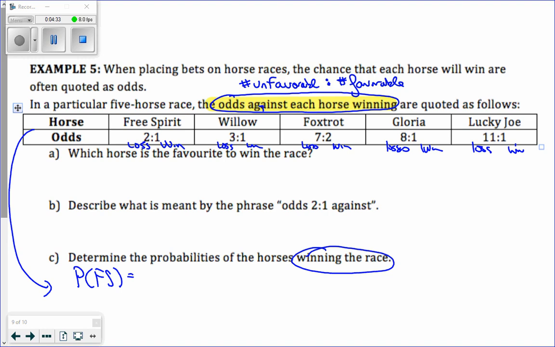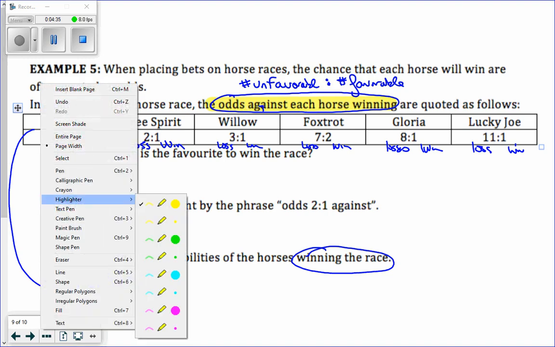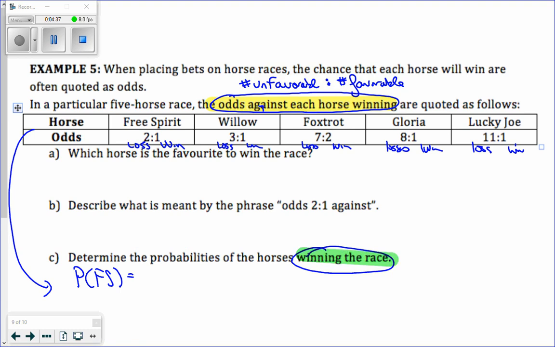Winning the race, the win number is right here. So the win is 1 out of, now what's the total? If you add 2 plus 1, 3. So Free Spirit has about a 33% chance of winning. I find probability easier to understand than odds. But that's me and my cup of tea.